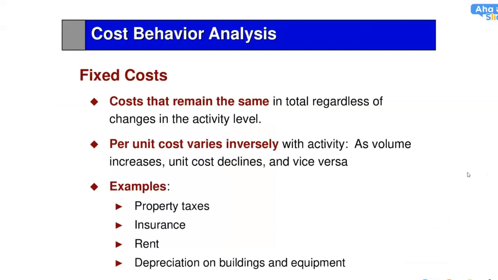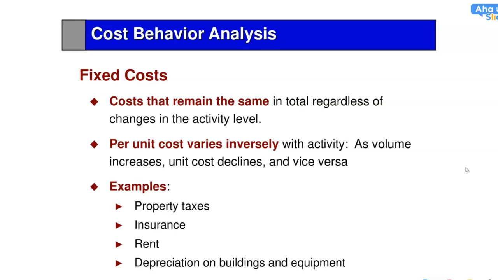Now, the second category are fixed costs. A fixed cost remains the same in total, regardless of the changes in the level of activity. So back to my example, I'm manufacturing these school desks in a factory that costs me 10,000 dirhams a month. If I produce one desk, the total cost for rent is 10,000.